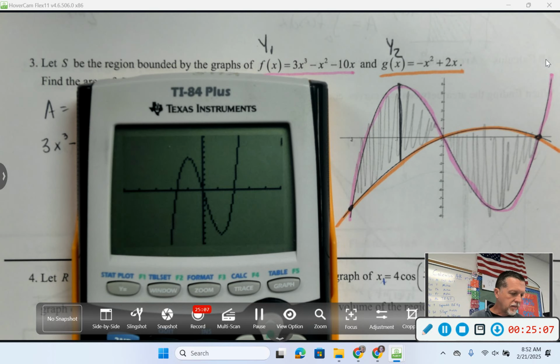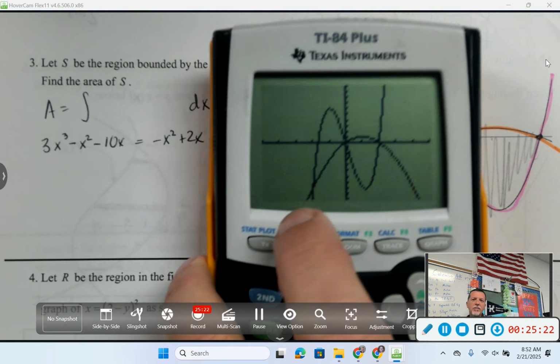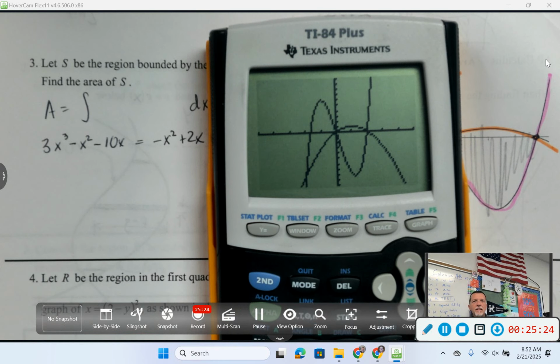A little bit better. Okay, so how do you want to find where they intersect? How do we do that? You want to use the calculator, I'm good with that. But how do we get the calculator to find those for us? Do you know where that magic button is?